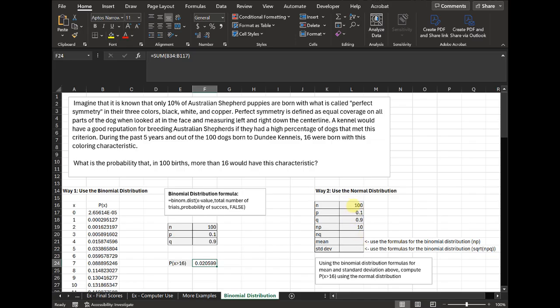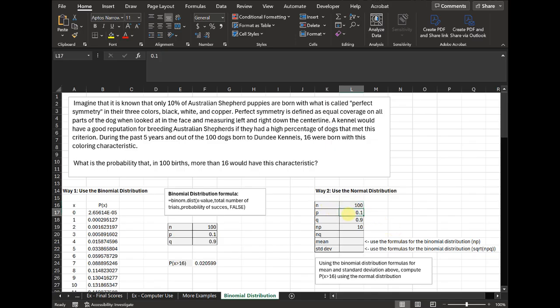And so the idea here is that in some cases, instead of having to do all of this work for the binomial distribution, we could actually use the normal distribution. This is going to be a little bit different in how we set this up. For the normal distribution, I have the same information.